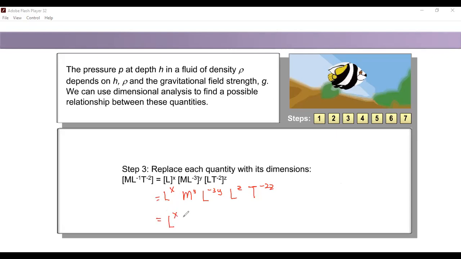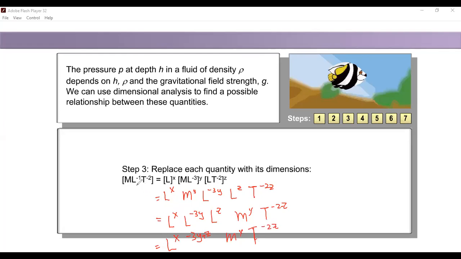LX, L negative 3Y, LZ. MY, T negative 2Z. That means from here, I get L, X minus 3Y plus Z. And M, Y, T negative 2Z.